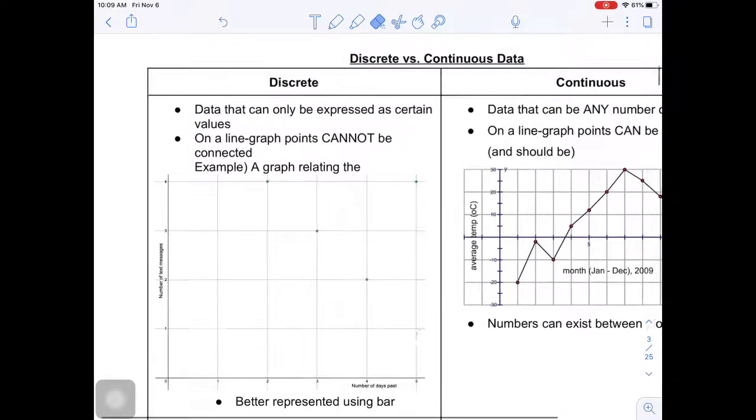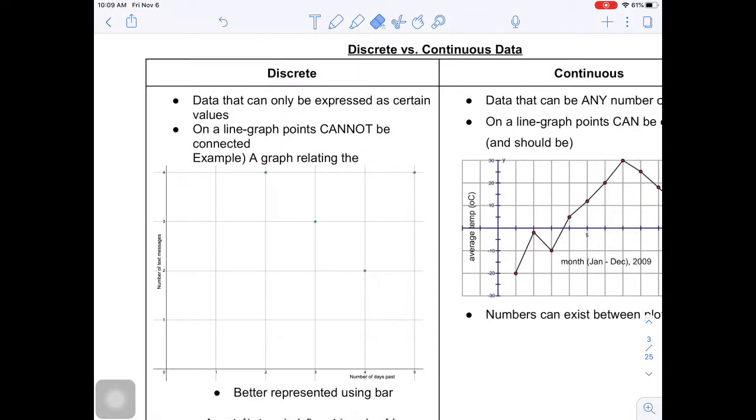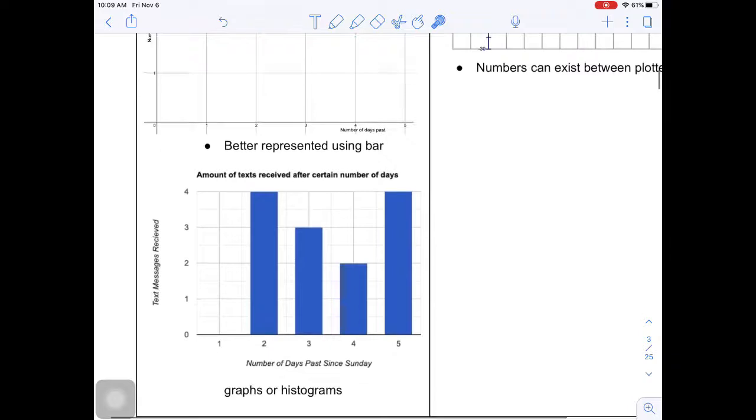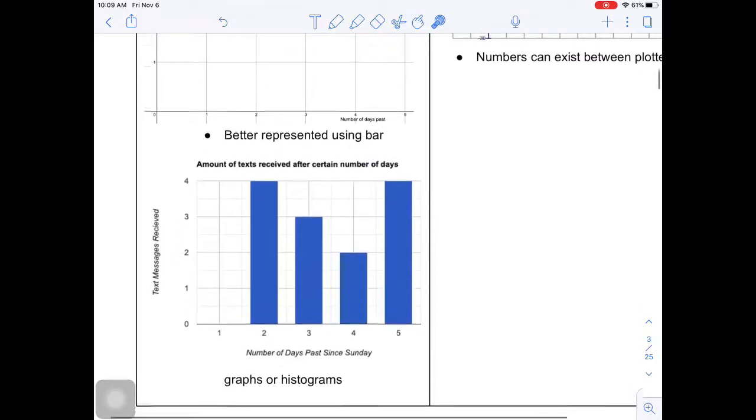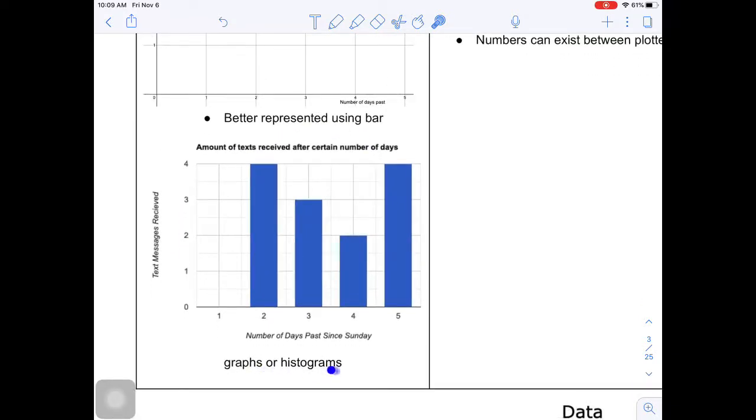Okay, so when you have discrete data, it's actually better to represent discrete data probably as a bar graph. Okay, or this is also known as a histogram. So here we can read it a little bit better. So we have a title. So every single graph needs a title. Amount of text received after a certain number of days.